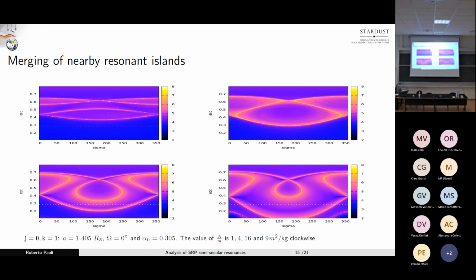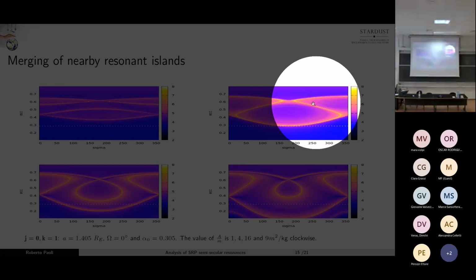Fast indicators let us draw phase space in a pretty nice way, but they highlight a peculiar feature of this kind of resonances. In particular, if we consider two pendulum-like equilibria which are close by, and we increase the area-to-mass ratio, we see that the two islands start to merge.